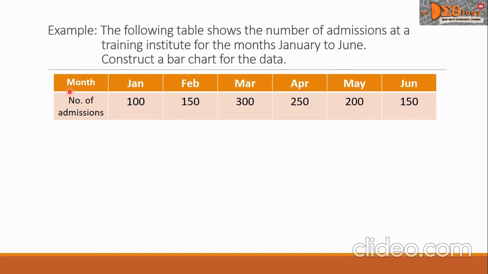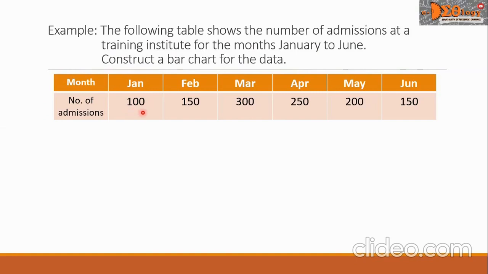The first row is for category month, and the months are listed January, February, March, April, May, and June. The second row is the number of admissions, or we can say the frequency.